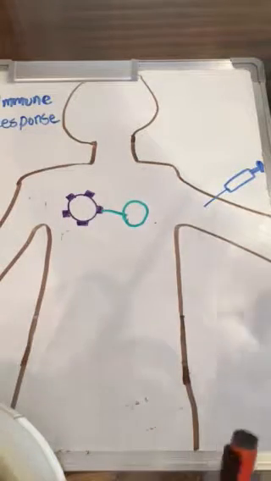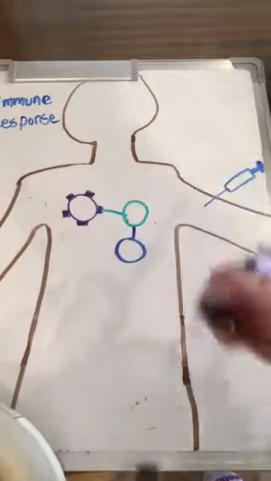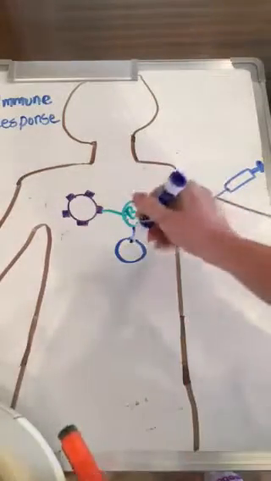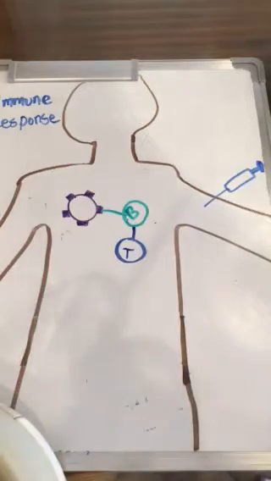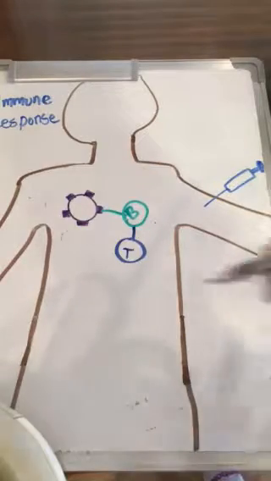So then T cells come along and T cells attach to the B cells. So let me label this B and let me label this T. So T cells will come and attach to these B cells and basically activate them. And two different responses happen.